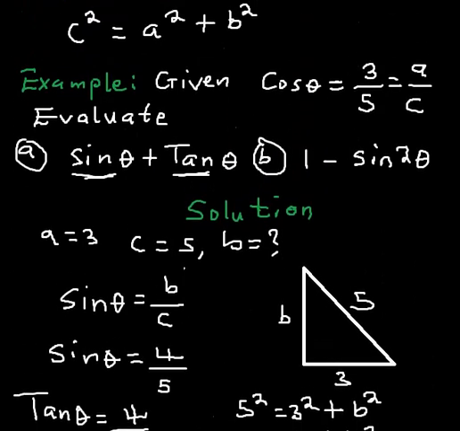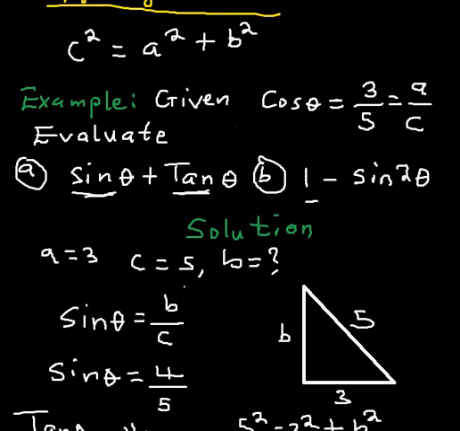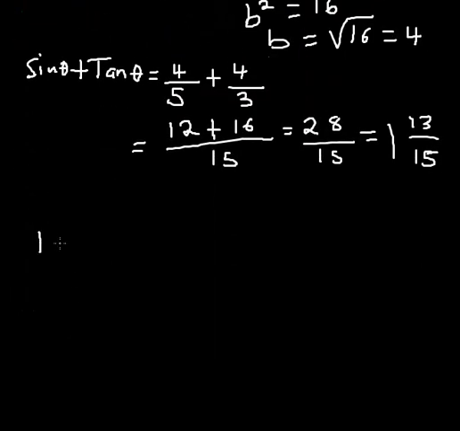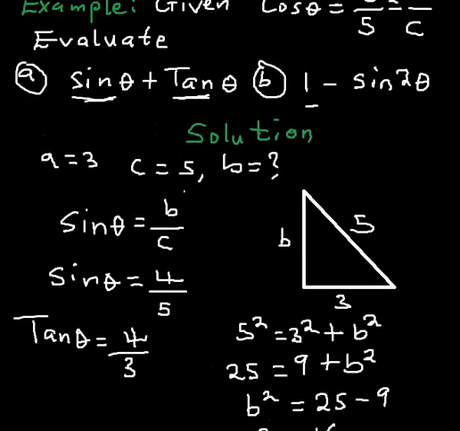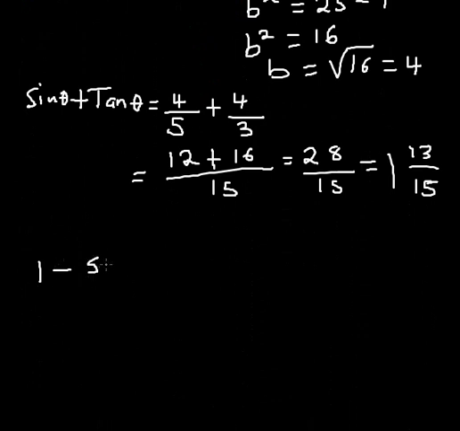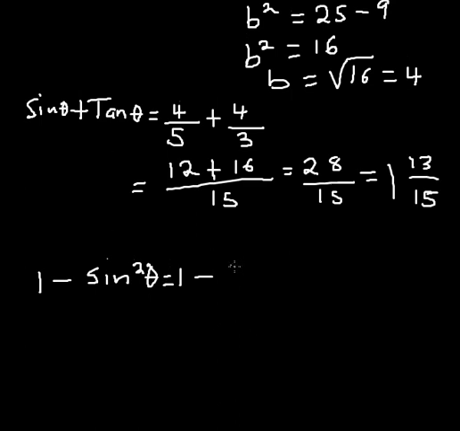Okay, so now for this 1 all over sine square theta, that's going to be equal to 1 minus, please pardon me, 1 minus sine square theta. So that's going to be 1 minus sine theta squared. Sine theta is already 4 all over 5, then I have to square that.